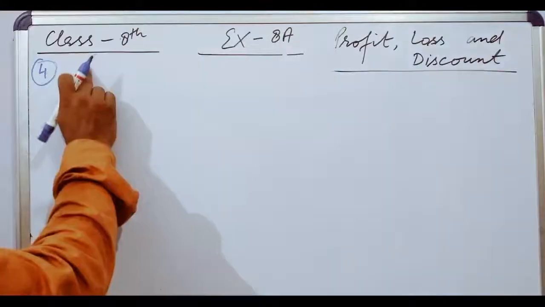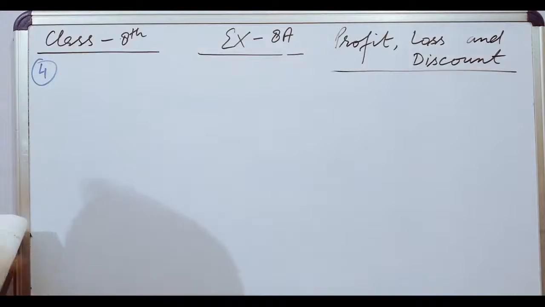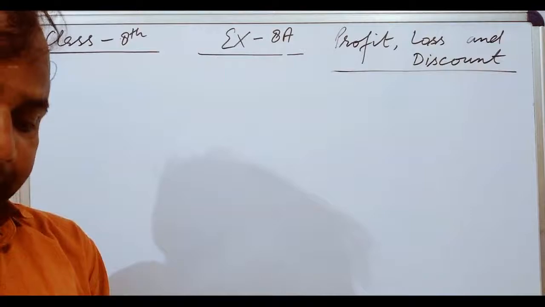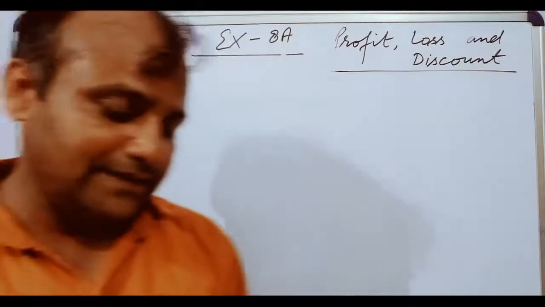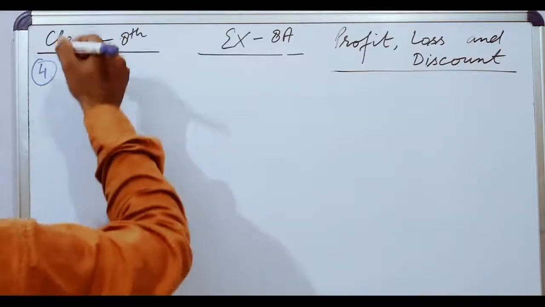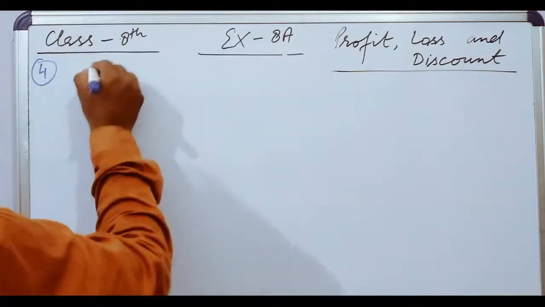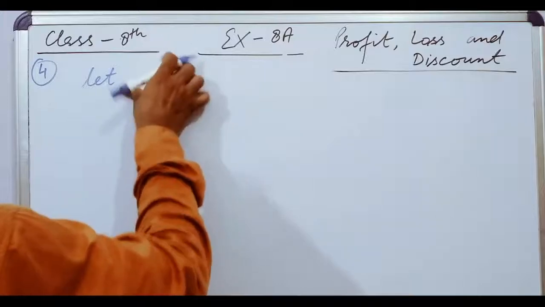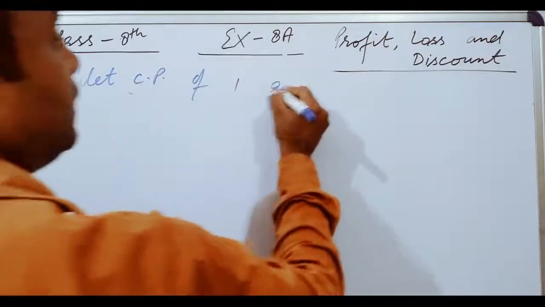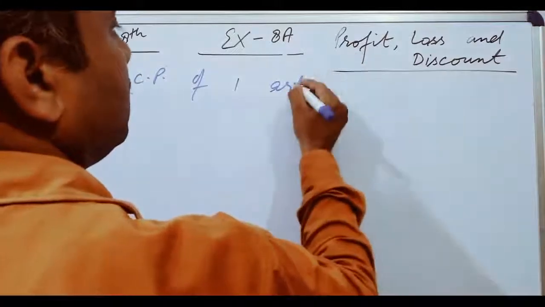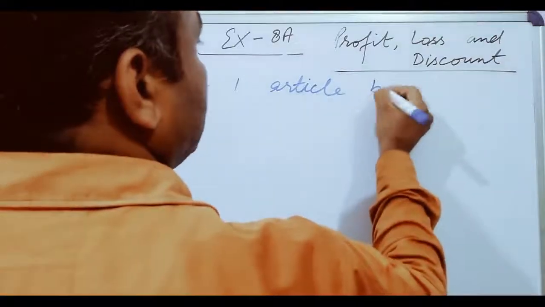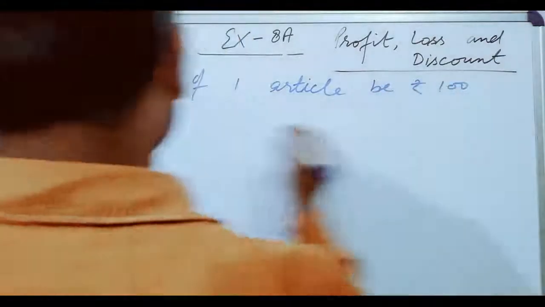Question: If the selling price of 20 articles is equal to the cost price of 15 articles, then what is the loss percent? See, let CP of one article be rupees 100.